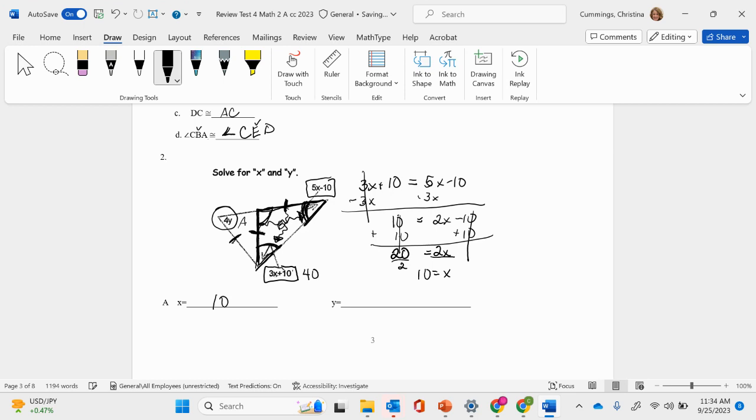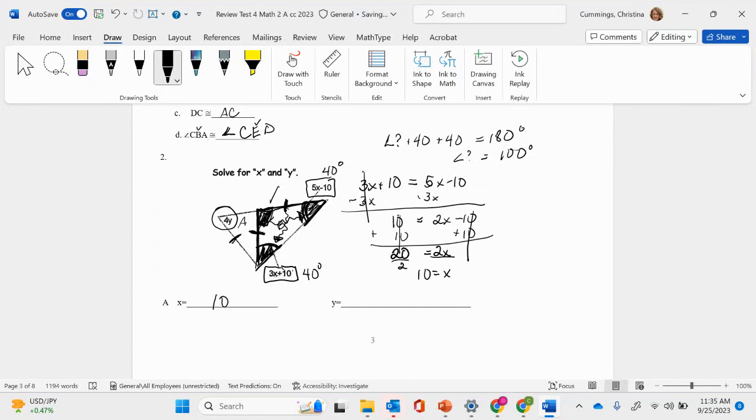This is 50 minus 10, that's 40. So if this angle is 40 degrees, and this guy right here is 40 degrees, what is the angle at the top of this triangle equal to? Well, angle question mark plus 40 plus 40, the sum of the interior angles of a triangle are 180. So that angle is equal to 180 minus 80, which is 100 degrees.